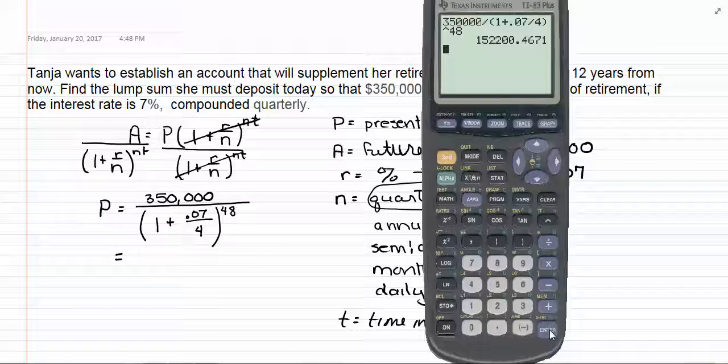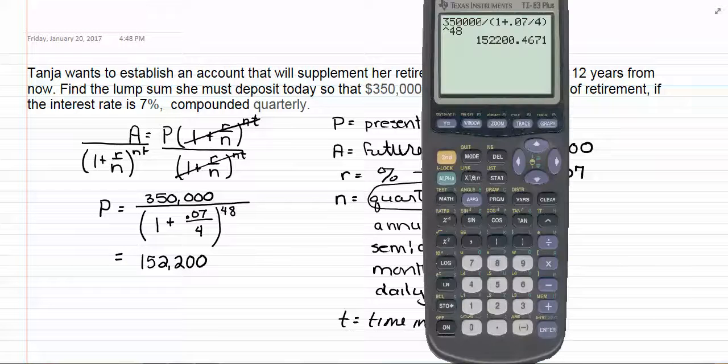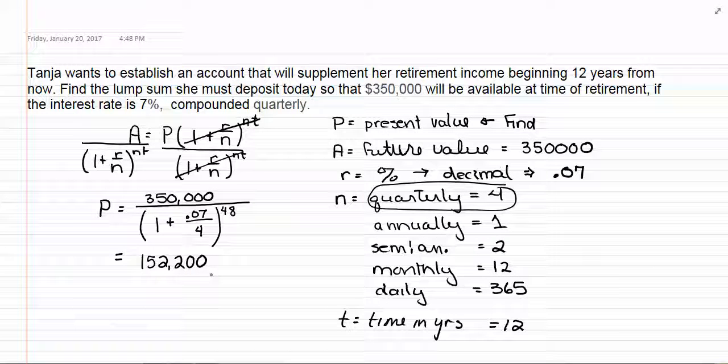All right, so she's going to need $152,200.47 if I'm rounding to the nearest penny. I forgot my 47 cents.